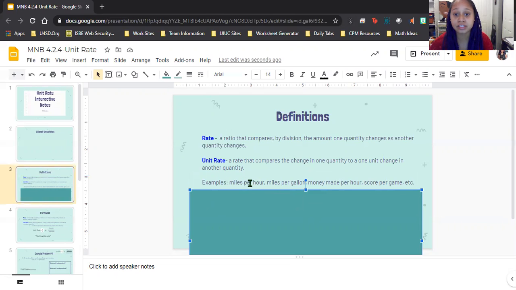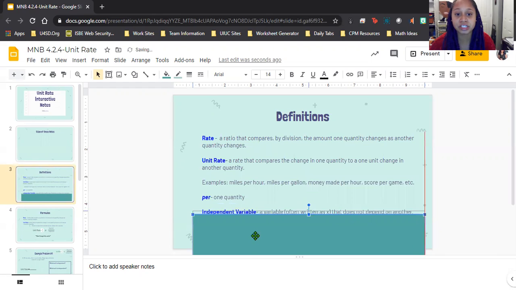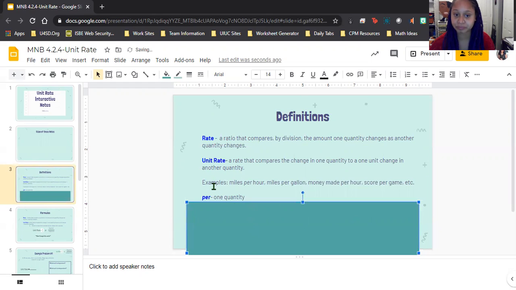All of these have the word per, because that's like asking how many miles can you go in 1 hour? How many miles can you go with 1 gallon? How much money do you make in 1 hour? How many points do you score in one game? So per just means one quantity. You're looking at how much something is changing per one unit.